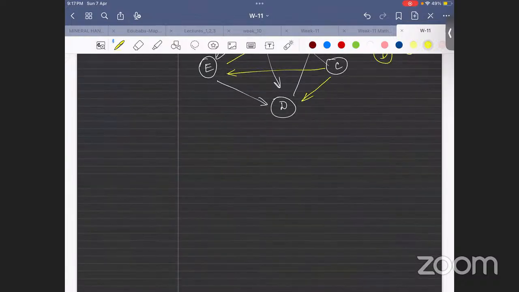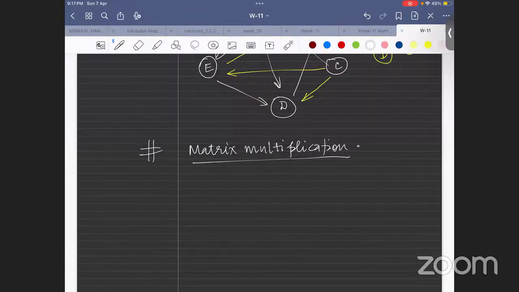The fourth topic of the day is matrix multiplication. You already know the adjacency matrix, right?